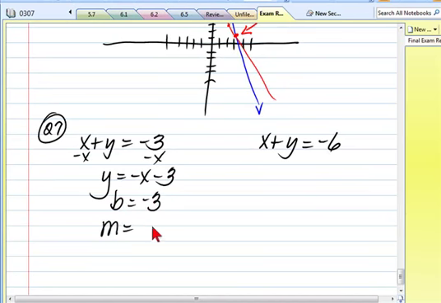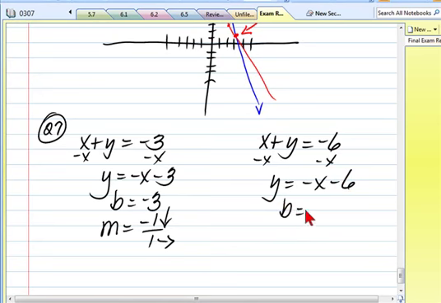The slope is -1 over 1, down 1, right 1. Second line, I'm going to subtract x, and I get y is equal to -x minus 6. I begin at -6, and I move -1 over 1.